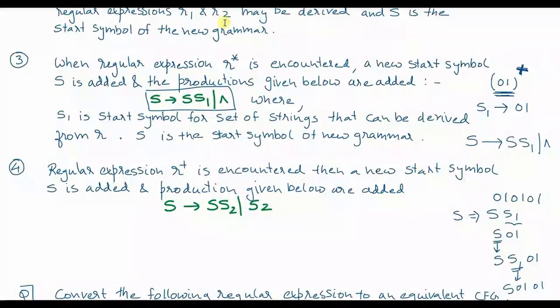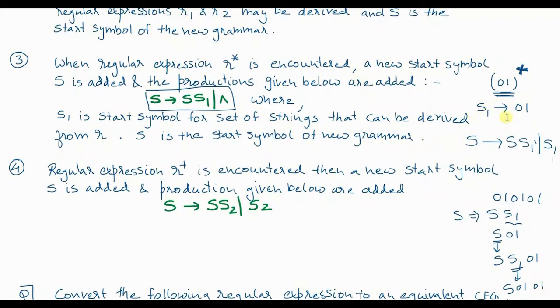Then we have already seen in the previous example, when I say S gives SS1, it gives a scope for this S1 to repeat itself. Okay, but how many times repetition? When I say 0 1 raised to plus, it means this thing has to be repeated exactly one or more number of times. So null cannot be a part of it. That's why in place of null over here, I will write S1 only, because what is S1?